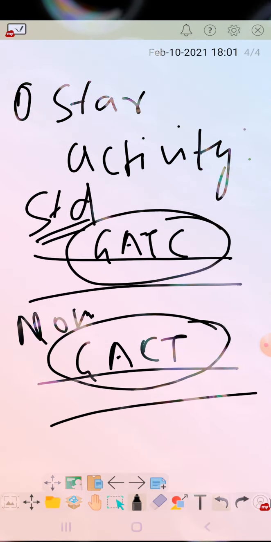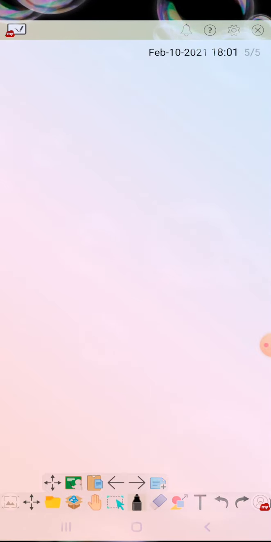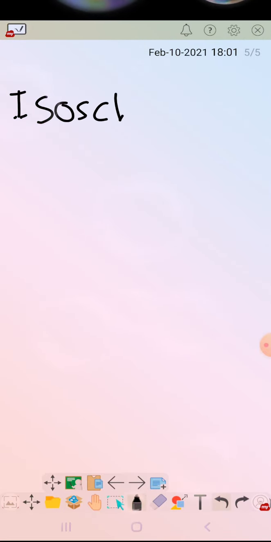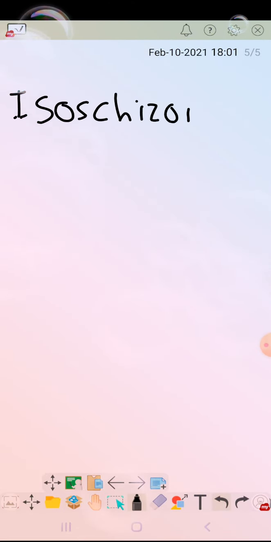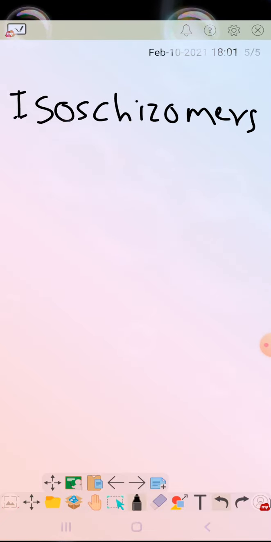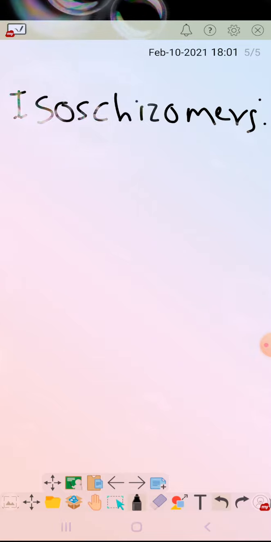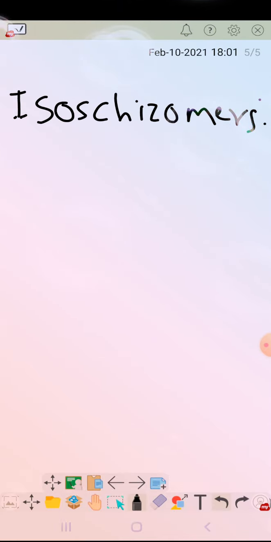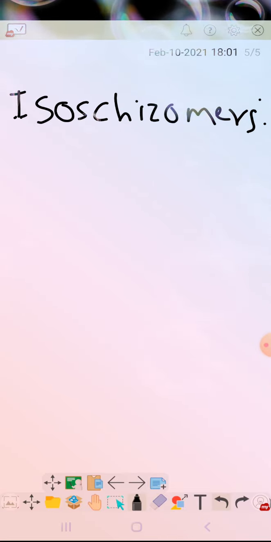Okay, second term, isoschizomers. Now what is isoschizomers? Isoschizomers are the enzymes that can recognize the same sequence and cut in the same location.